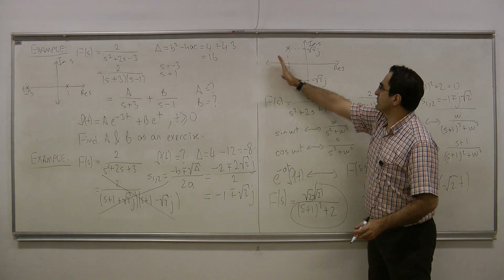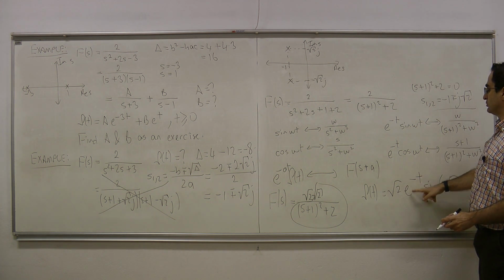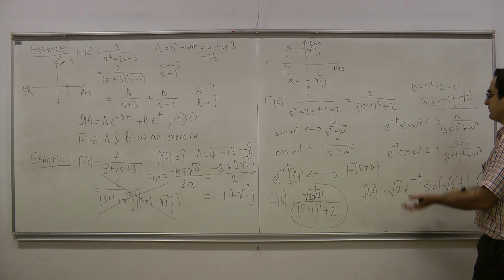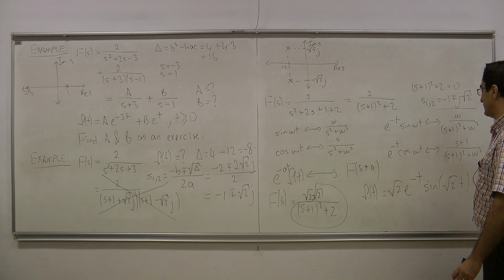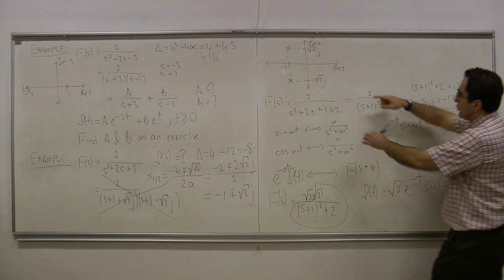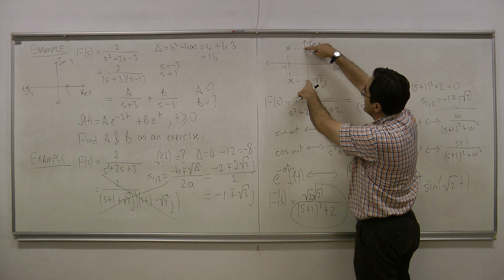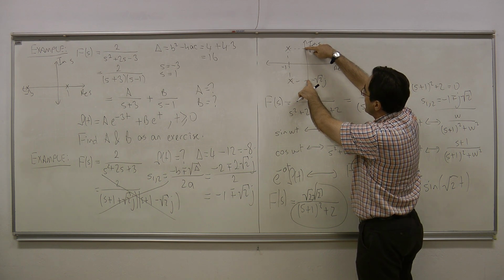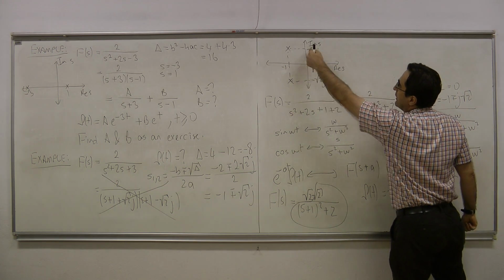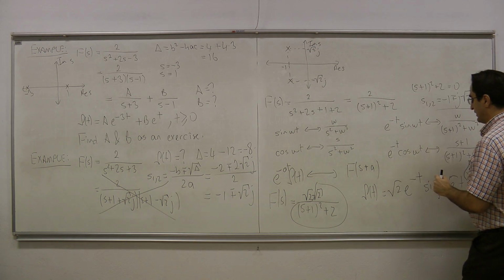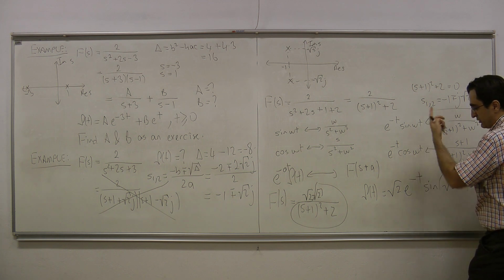If instead of minus 1, I had plus 2, for example, then I would have e to the plus 2t. In that case, the sine would be growing because the poles are in the right half plane. If the real part were 0, on the imaginary axis, then it would be e to the 0t, which is just 1.